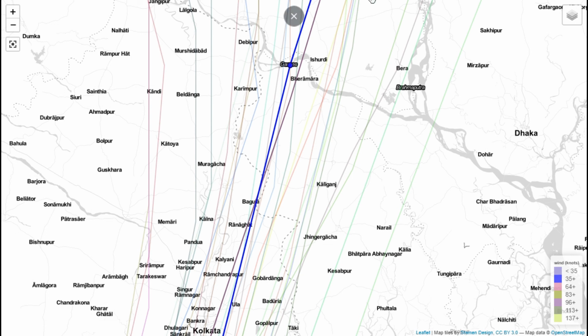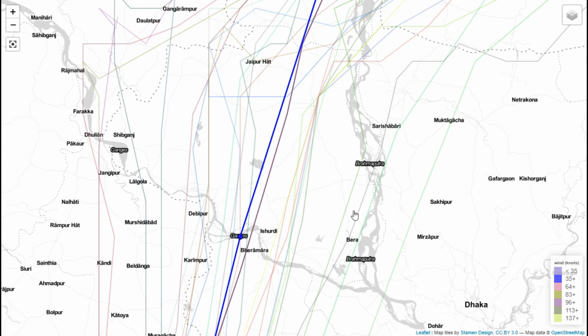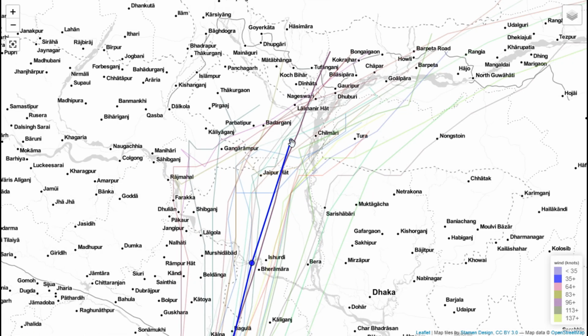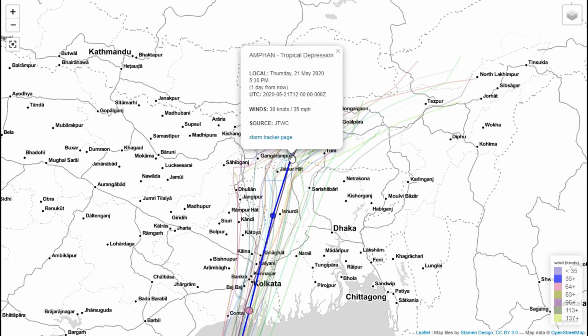Now as you see, we move further north, and here is the last point of our tracking system. Here you can see the strength has decreased much, and now the cyclone Amphan has become a tropical depression. It will happen on 21st May at 5:30 p.m., and at that point the speed will be reduced to 35 miles per hour.